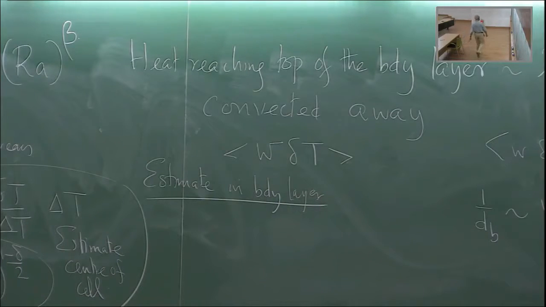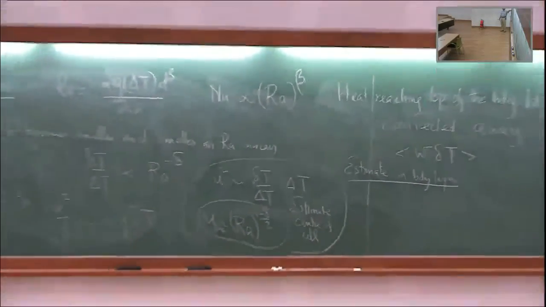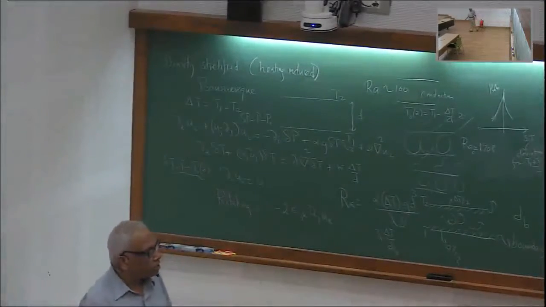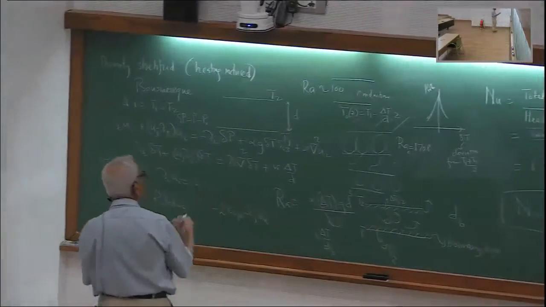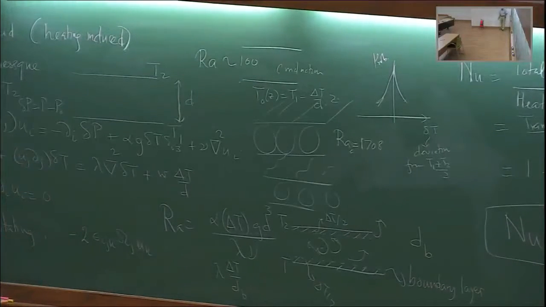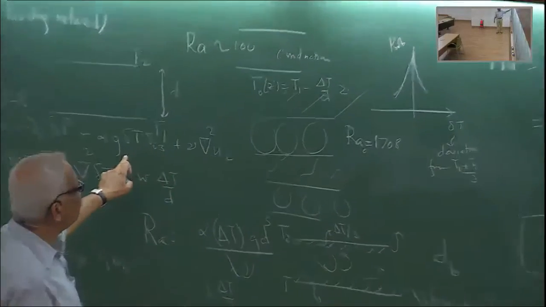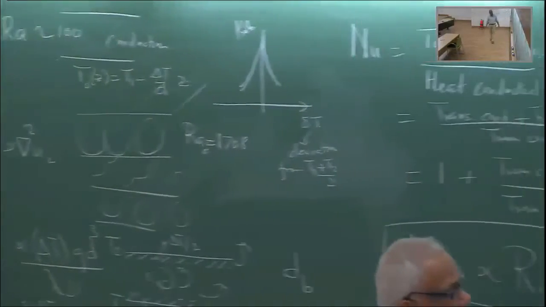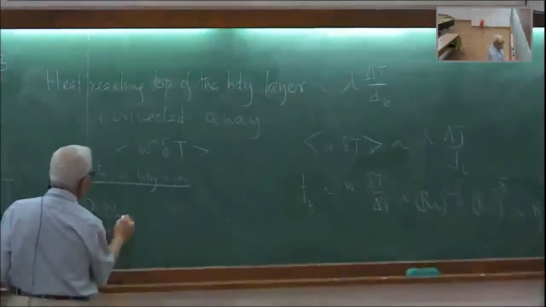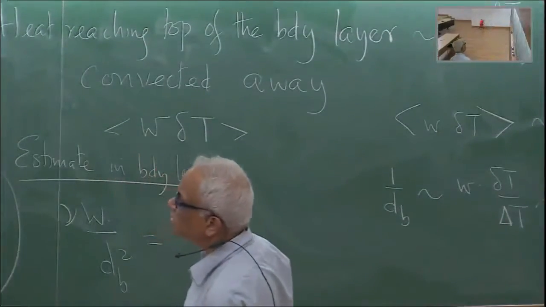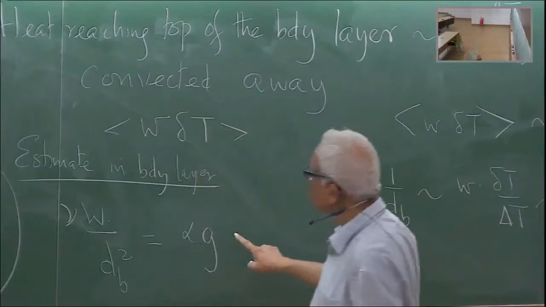The boundary layer is very thin, and therefore it is this term which is going to win. It is not the dominant turbulent velocity in the center of the cell. Now the balance is in the boundary layer, and the boundary layer winner is this term over here, and has to balance this. So what? Nu times W, W is what I want, divided by d_B squared equals alpha G, what?